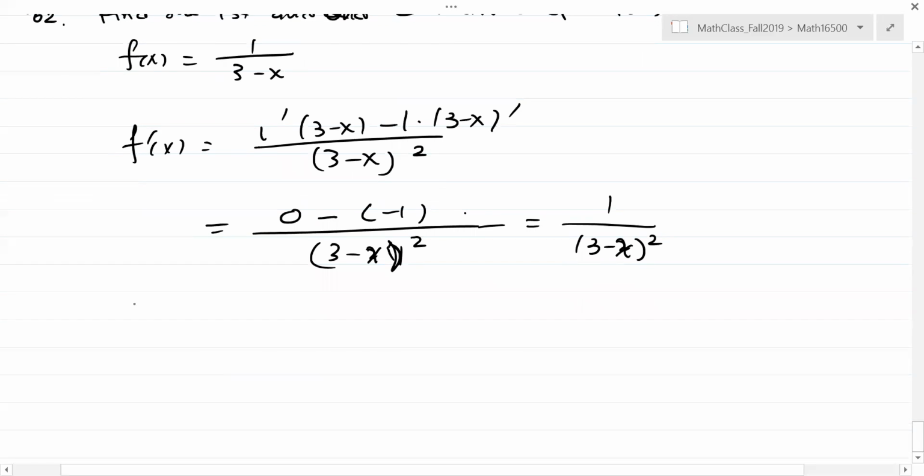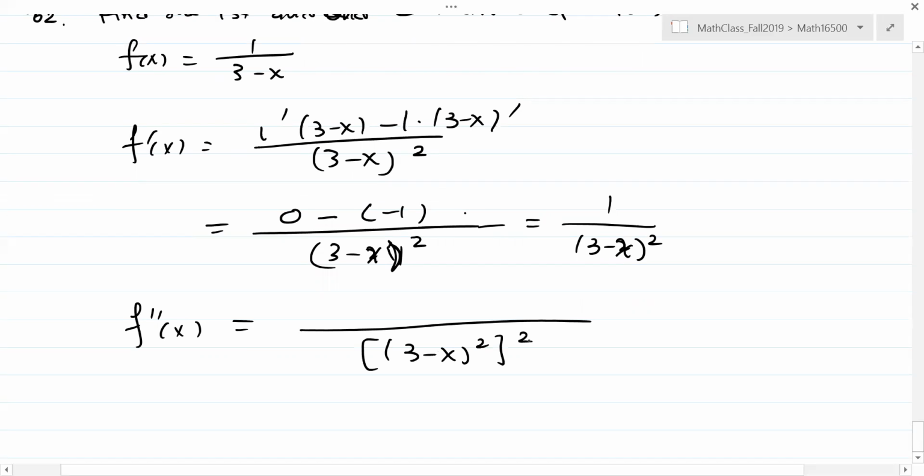The second derivative is the derivative of the first derivative. Okay, you have to differentiate this again, (3 minus x squared) squared. And then the derivative of 1 will be 0. And then the derivative of 3 minus x squared, and then derivative.